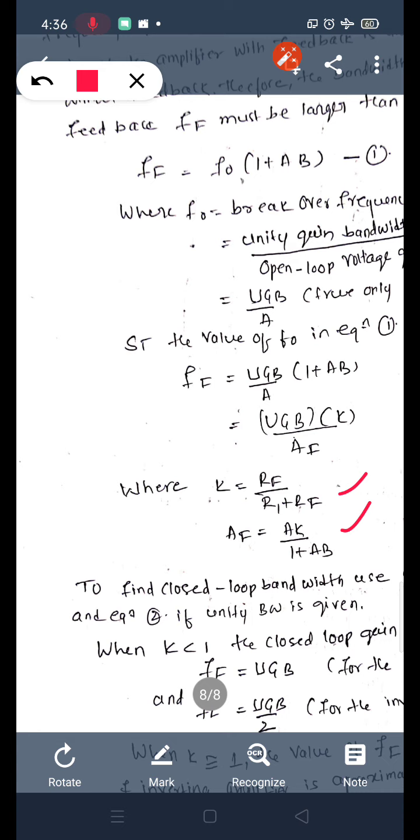To find the closed loop bandwidth, you can use equation 1 if f0 is known, and equation 2 if the unity gain bandwidth is given.